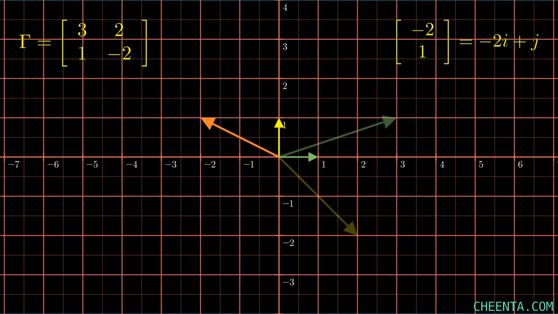To find out where it will land after the transformation, we just replace i using the first column vector and j using the second column vector, that is where they land after the transformation.